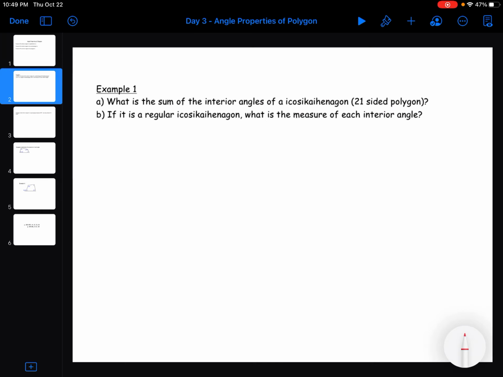So if we look at this, what is the sum of the interior angles of a 21-sided shape? So what we can do is we can look. We've got, so interior angles equals n minus 2 times 180.